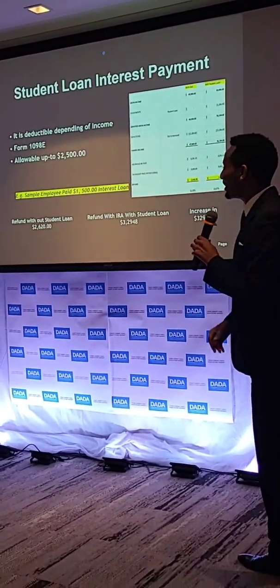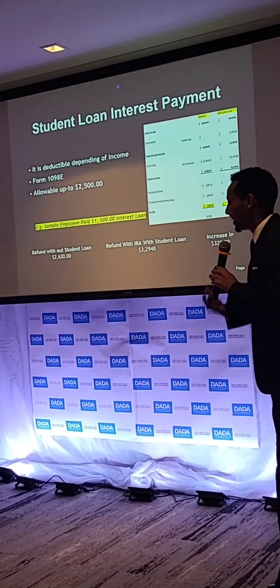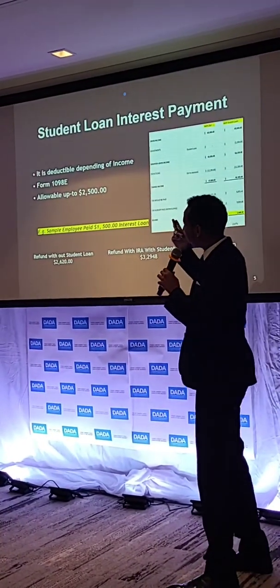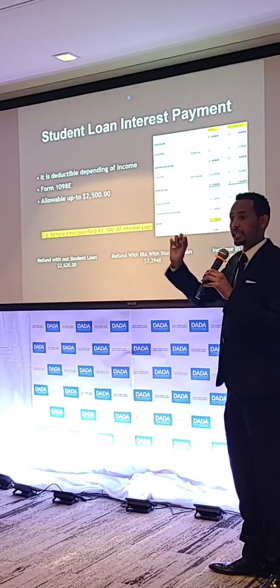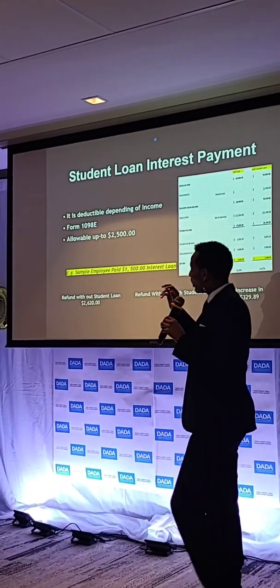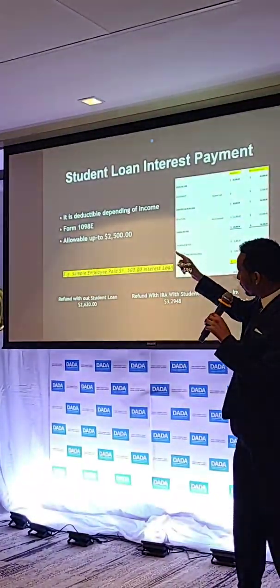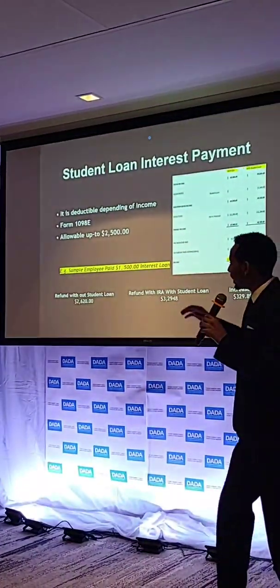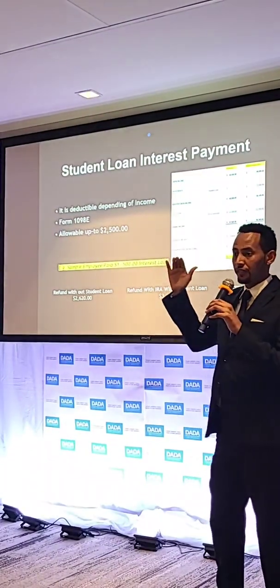Oh, you still have a student loan. Okay, let's see how it would have impacted you if you were living in the United States. So student loans are deductible. They are tax deductible as an adjustment, not as a deduction. And anybody who has student loan payments, every year you get the form called 1098-E, and it's allowable to have a deduction up to 2,500.